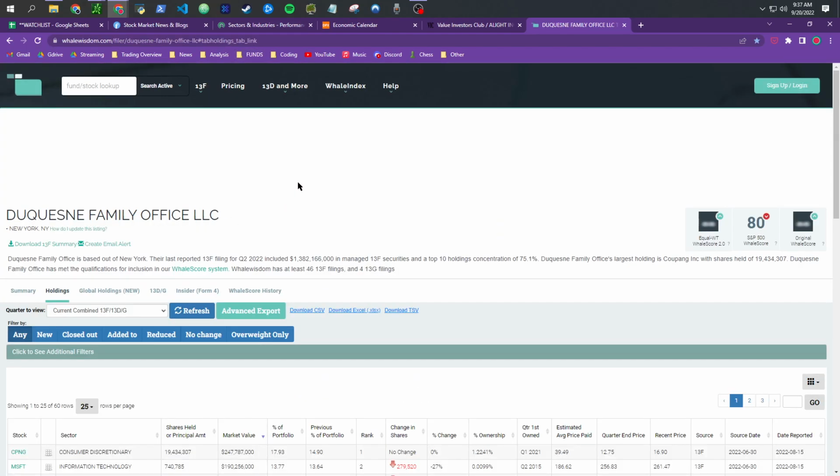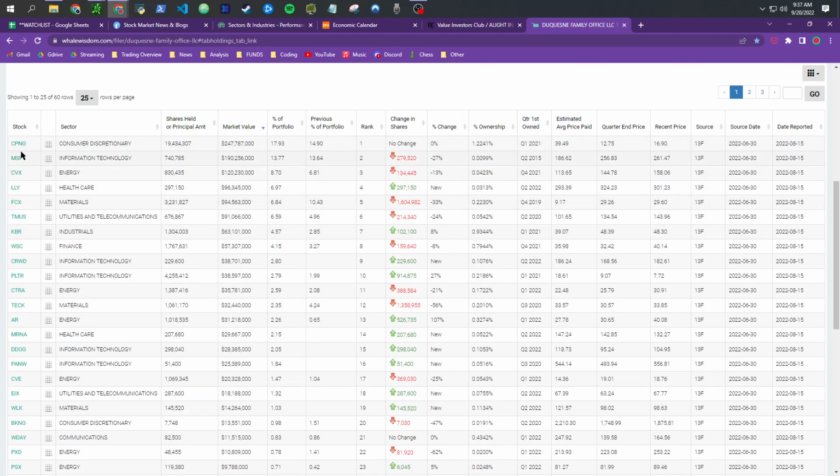Say we go to Stanley Druckenmiller, this Coupang stock, CPNG, dubbed the Amazon of South Korea. They're looking pretty interesting. They're not making any profits right now. I think it's going to take them a while before they're, let's say, a value play.